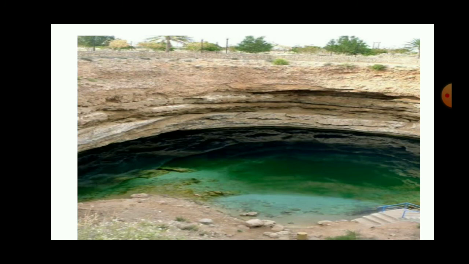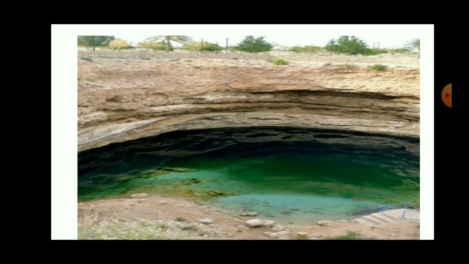This is a picture of a sinkhole. Now the sinkholes are formed in the limestone regions due to erosion. Limestone contains many soluble materials. So this soluble material gets dissolved in the groundwater and it is carried away by the groundwater. This leads to formation of caves. Eventually, the roof of the caves collapses and only the visible hole is left behind.